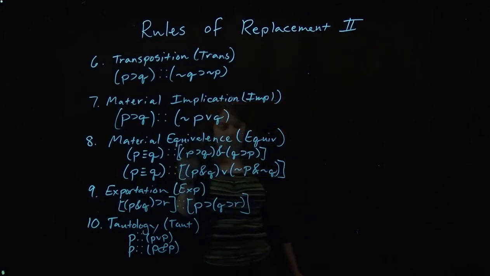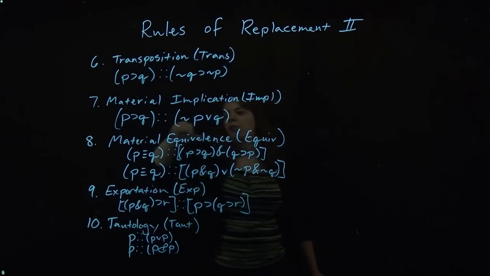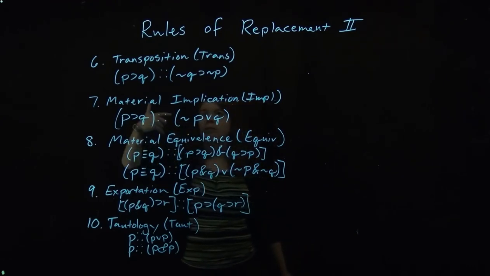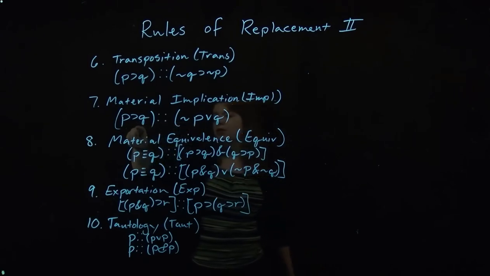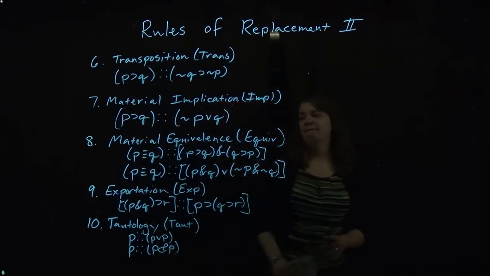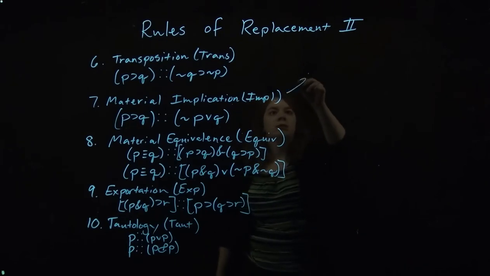And again, with all these rules of replacement, it can work the other way. So you may start with the disjunction and then convert or replace, if you will, that disjunction with the conditional equivalent. So to take this as a kind of example here, you might have something like the following.